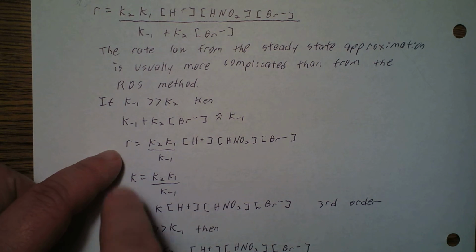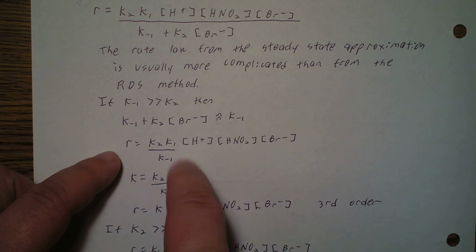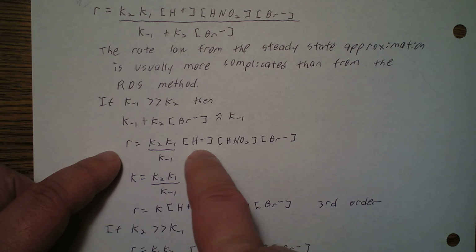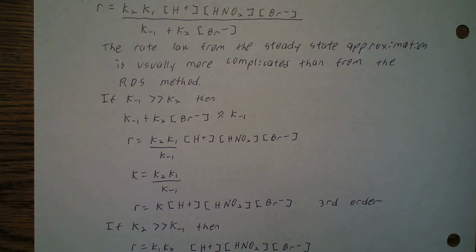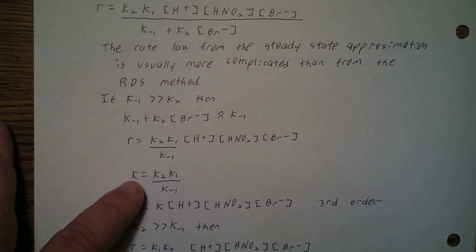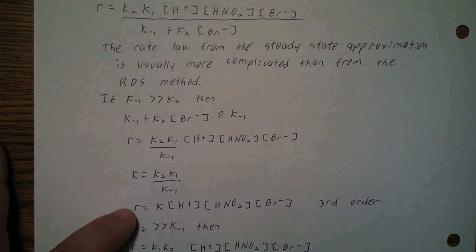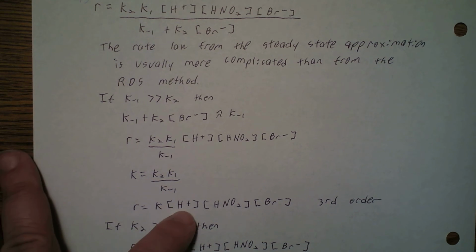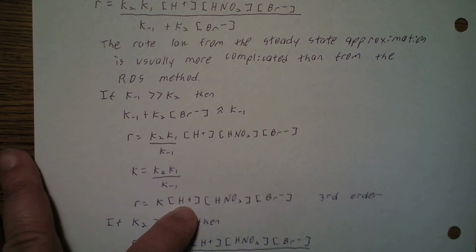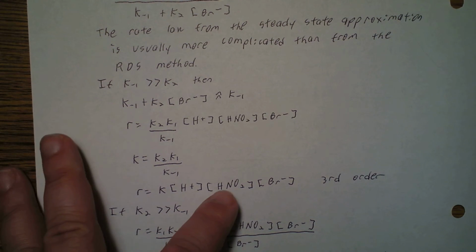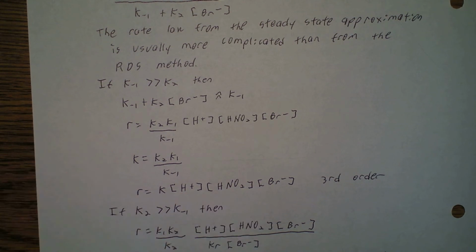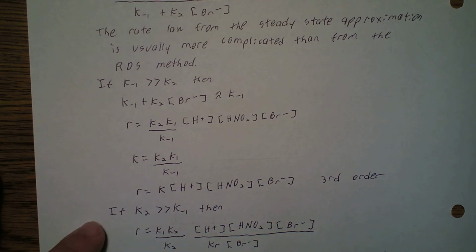So we'll simplify and say R is equal to K2 times K1 over K minus 1 times the concentration of H plus times the concentration of HNO2 times the concentration of bromide. And so we'll just say that K is equal to K2 times K1 over K minus 1. So we get R is equal to K times the concentration of H plus times the concentration of HNO2 times the concentration of bromide. That's the third order reaction.